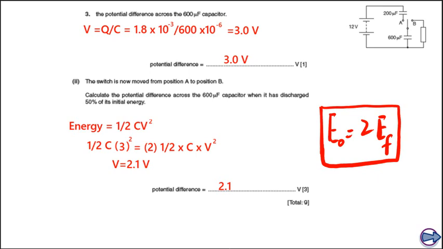So this one is the value of E naught, and this one is E final, and C is common on both sides. We can cancel, and if we solve for V, this will be our final answer. So the value of the potential difference is 2.1.